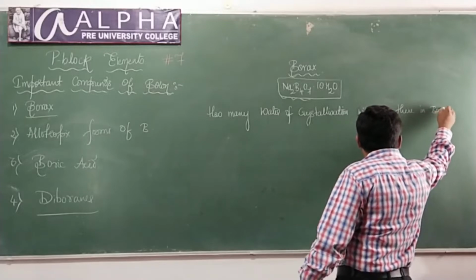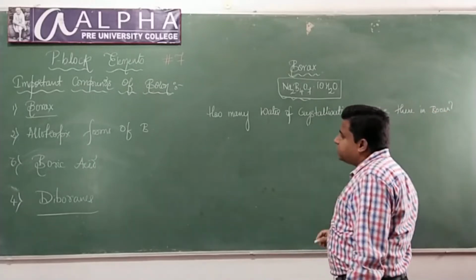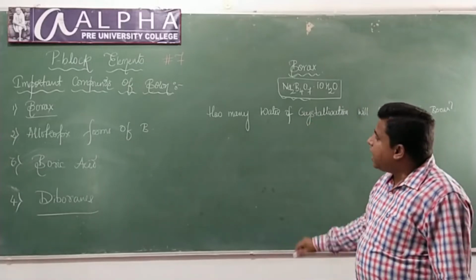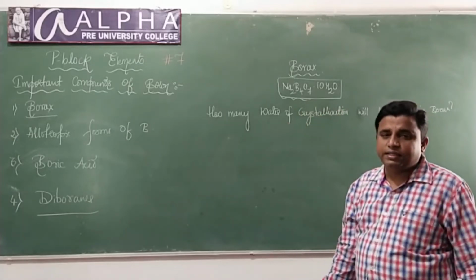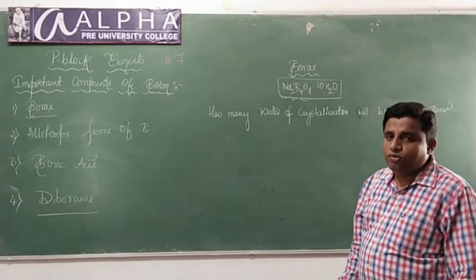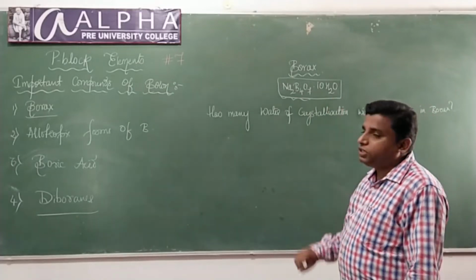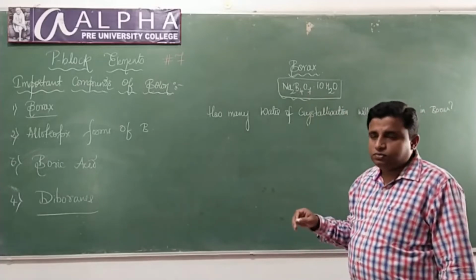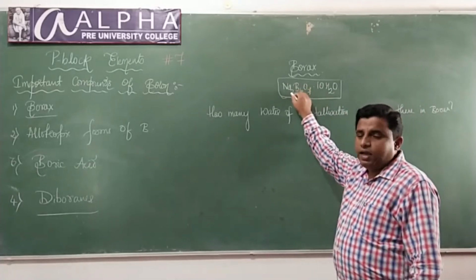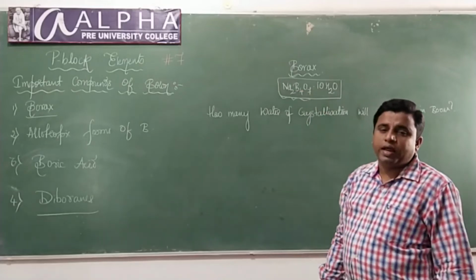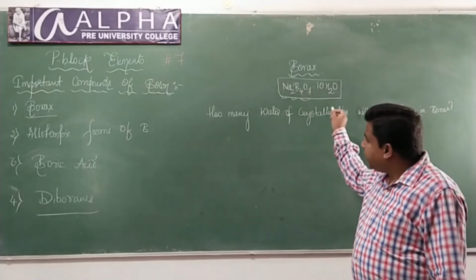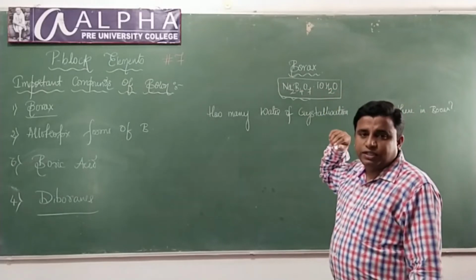As you can observe the formula of borax, it is Na2B4O7.10H2O. The formula is telling us that sodium metaborate is associated with 10 molecules of water, isn't it? So that means there are 10 molecules of water of crystallization.